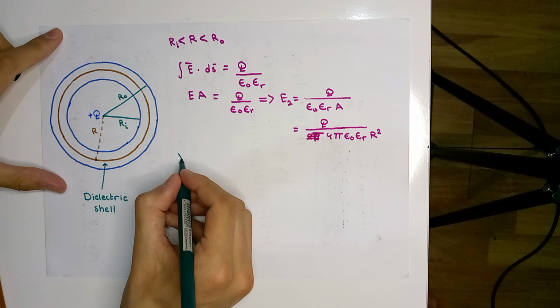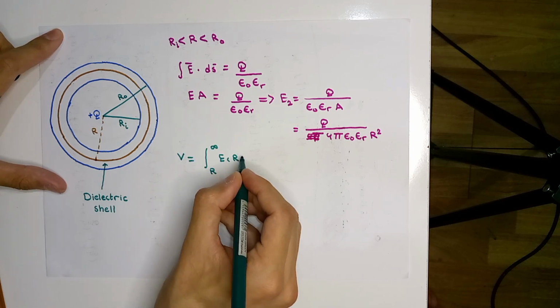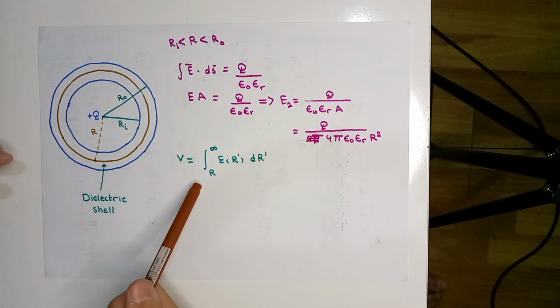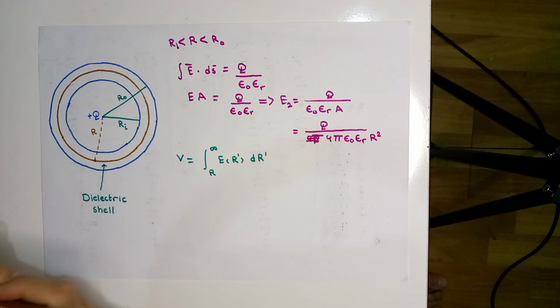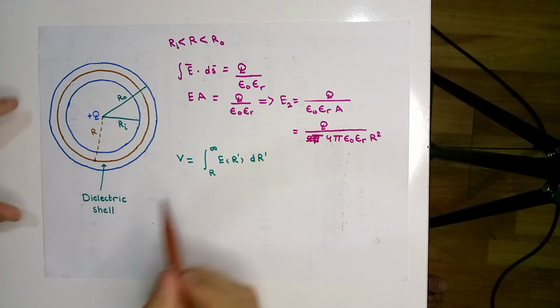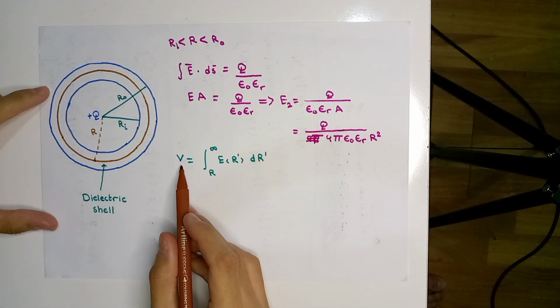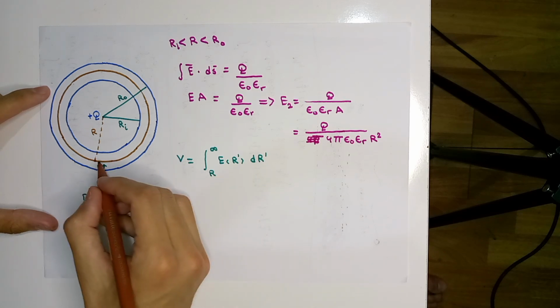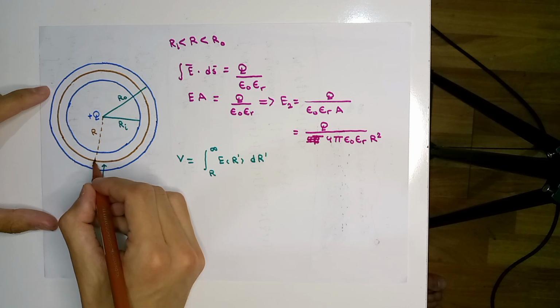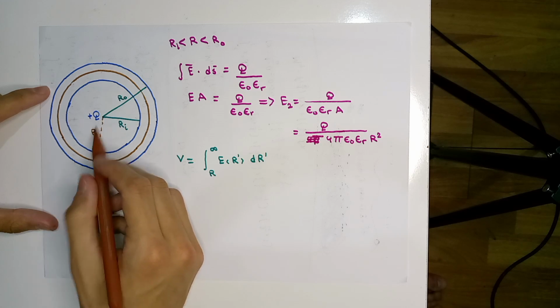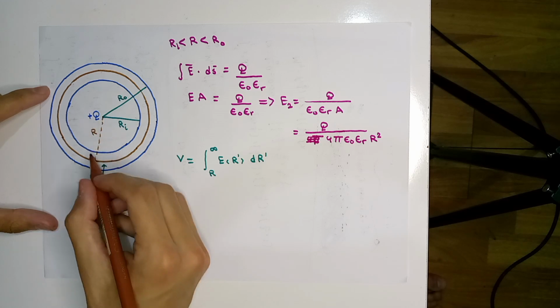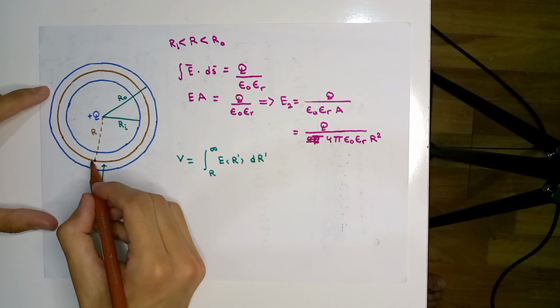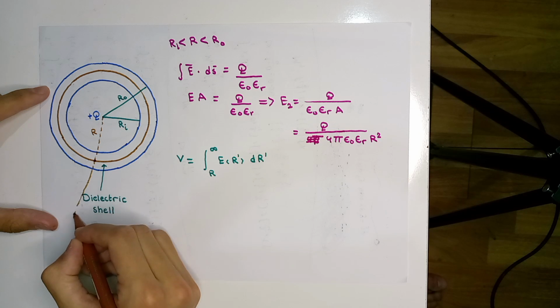We said it's equal to, and as you see from this integral, we are going to integrate the electric field from r. This point has a distance of r from the point charge. So we want to start integration from this point to infinity.